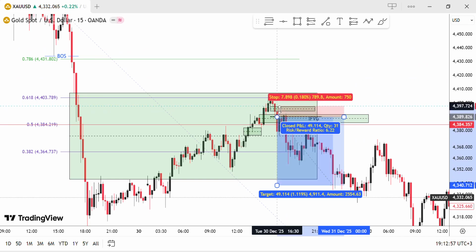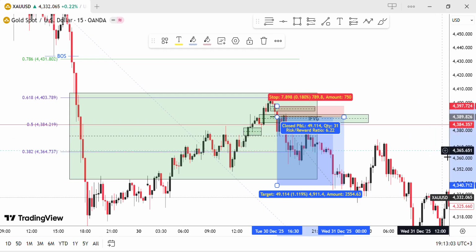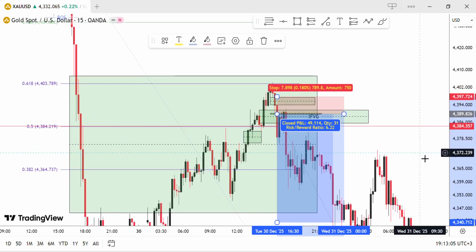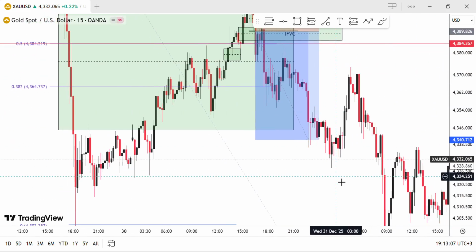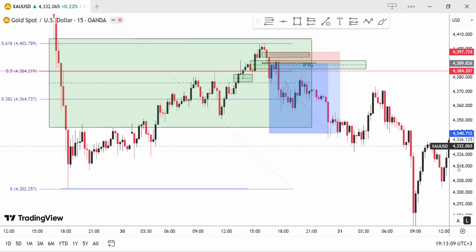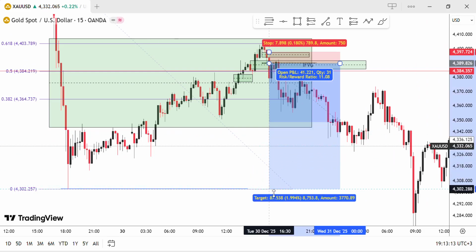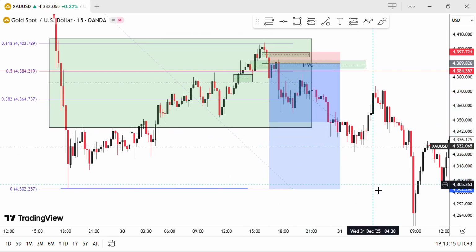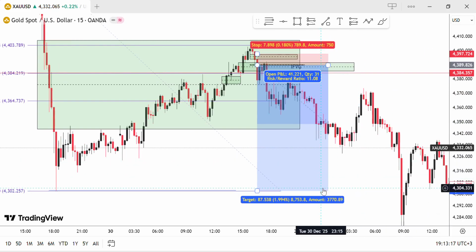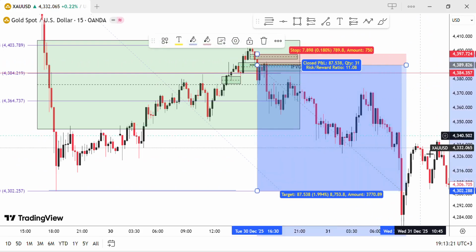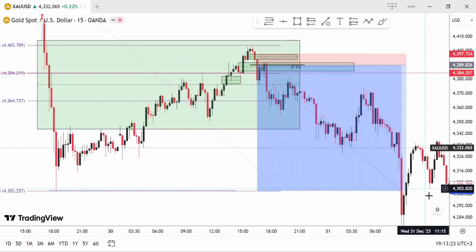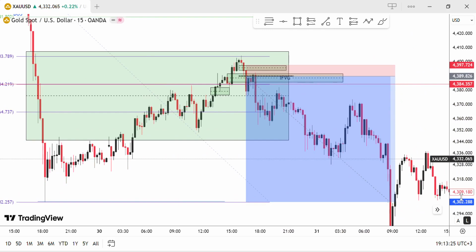You can even cover that breakaway gap like that, and then we are holding this price until it sweeps the liquidity. Immediately it sweeps the liquidity, you get out of the market like that. So that is how this trade went, and it came until the TP was hit. So this is one of the best trades this week.